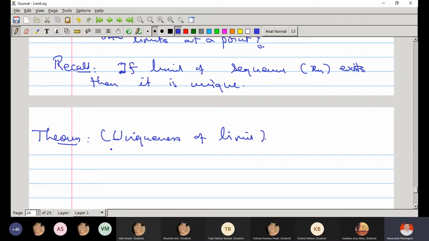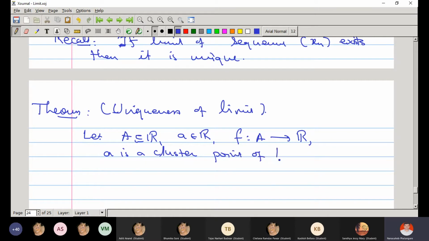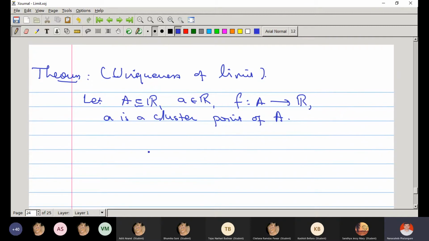Let A be a subset of R, F is defined from A to R, and a is a cluster point of A, right? So these are the requirements to define limit. The domain of the function is set A, a is some real number, but a is very close to A, so that we can approach a through the domain.